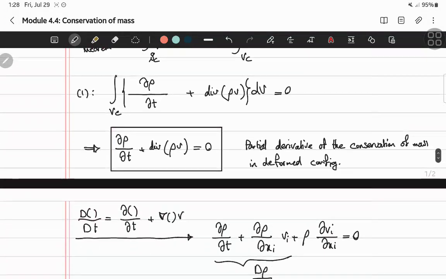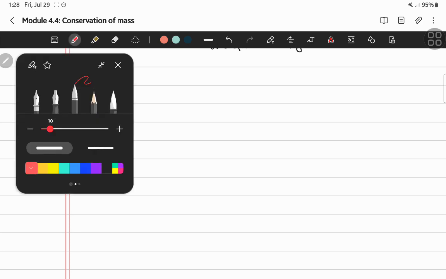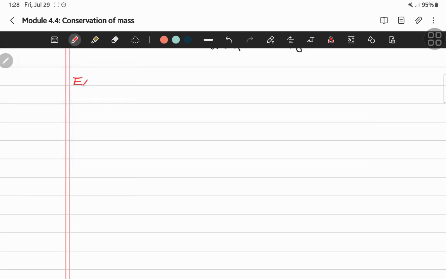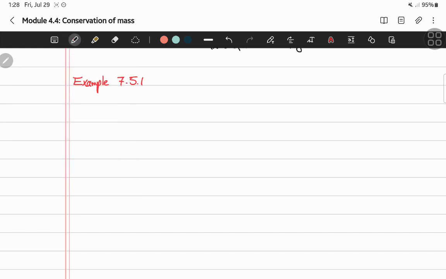All right, so now we're going to solve example 7.5.1. In this example, we have 6 parts.